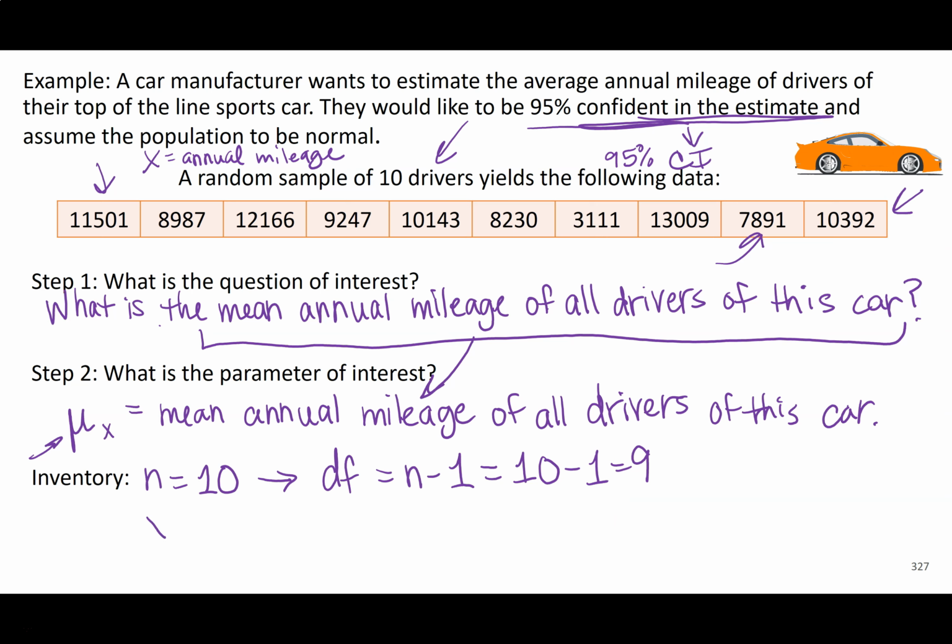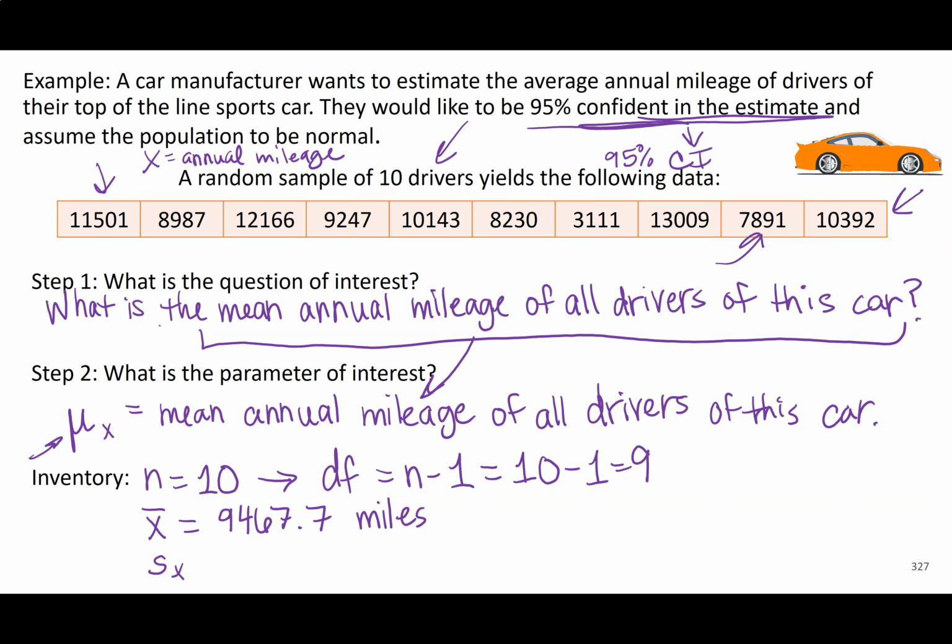So then I also can calculate x bar. I'm not going to do it by hand here. You're welcome to go ahead and do that. I threw these into R and had it tell me what it was. So my mean here is 9,467.7 miles, because the annual mileage is in miles.